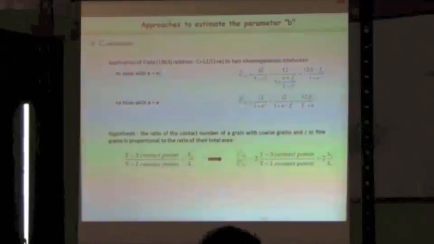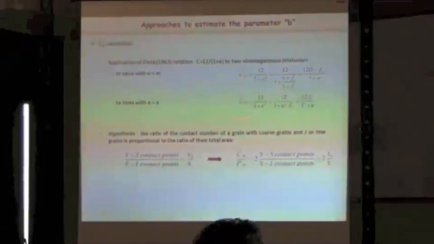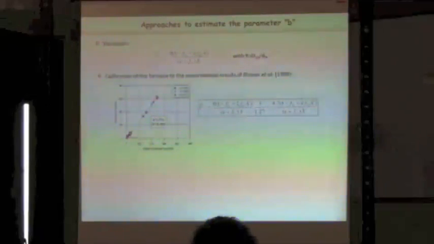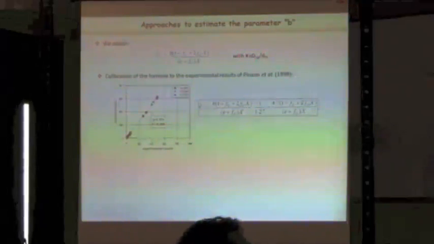Thereafter, we made the hypothesis that the ratio of the contact number of a grain with coarse grains and fine grains is proportional to the ratio of the total area, so we could calculate the CSS over CSL. Then we obtain this expression of the mean coordination number of small particles, with X equal to D50 of the coarse grain over D50 of the small grain.